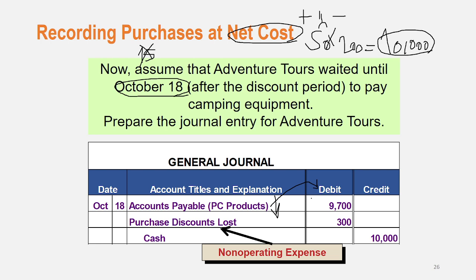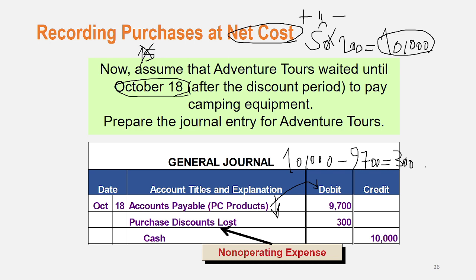The next account is purchase discount loss. But how much? 10,000 minus 9,700 equals $300, which is the amount that we missed because we cannot use the discount anymore.